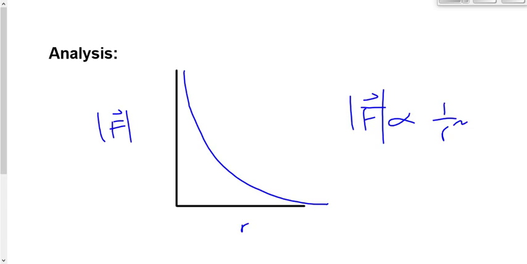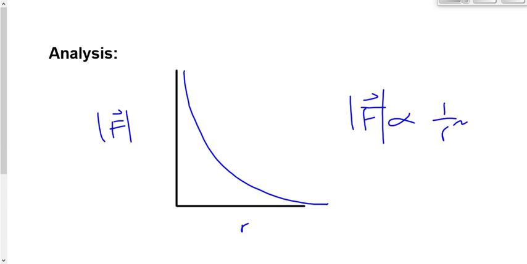If we found the relationship was for centripetal force, F is equal to mv squared over r, how would we get a straight line? Plot F versus 1 over r. Make sense? You get a straight line by taking the relationship from the equation and then putting that relationship on the x-axis of your new graph.